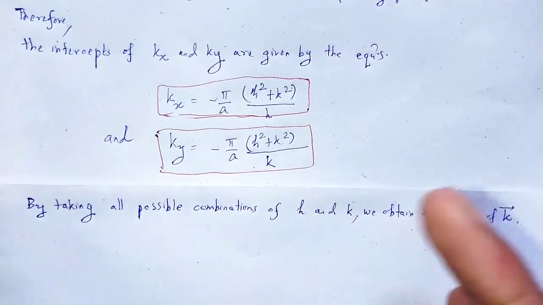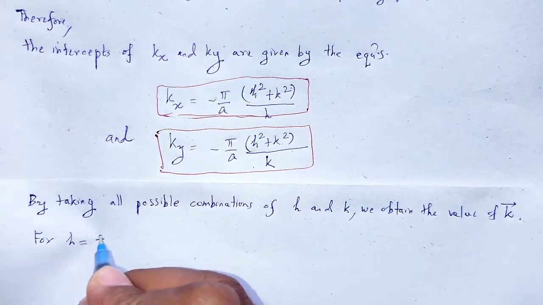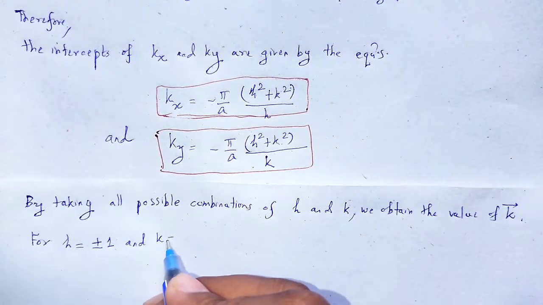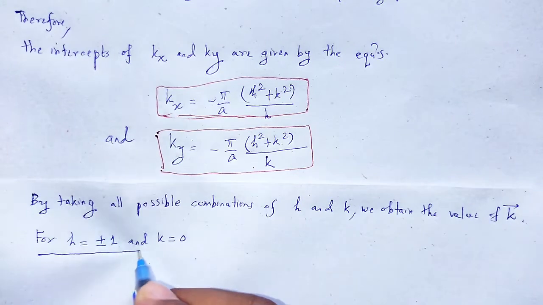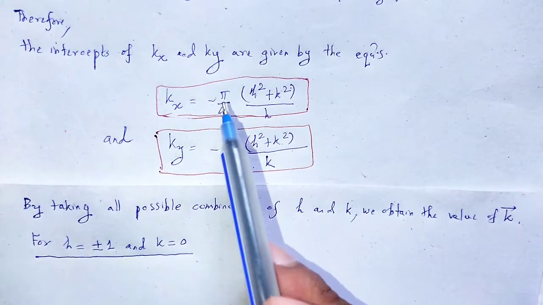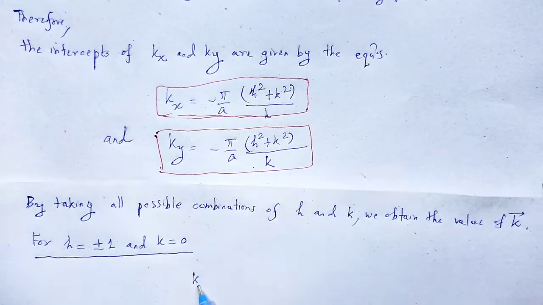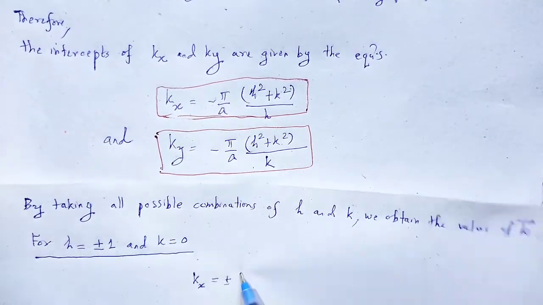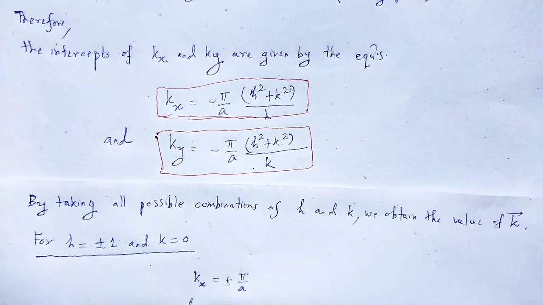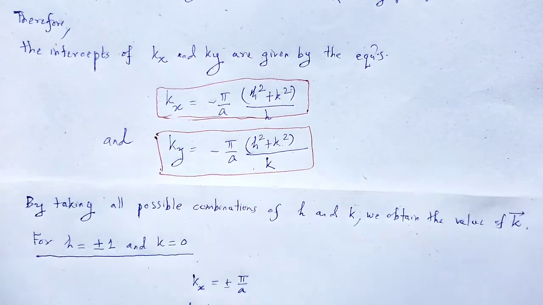Let us choose the possible combinations. For h equal to plus minus 1 and k equal to 0, putting that value here, we have kx equal to plus minus pi by a, whereas ky is arbitrary.